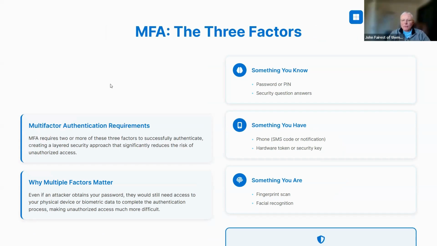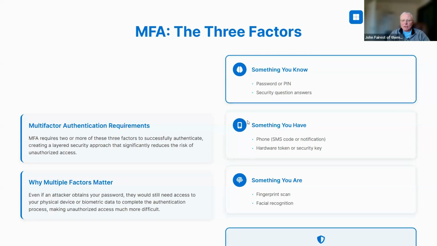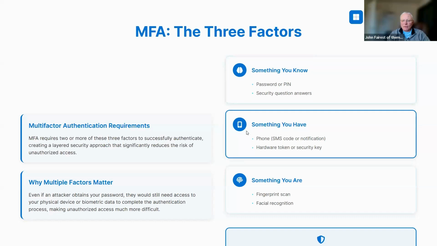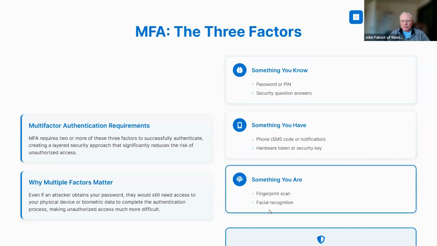But you'll often find you'll need your password, you'll need to have your phone because of the tokens and security keys. I think more people are probably more comfortable with the fingerprint scan than facial recognition. I tend to find that my face is not recognized so readily on the phone, but the fingerprint seems to work very well.